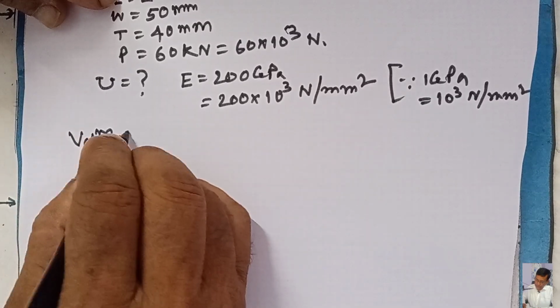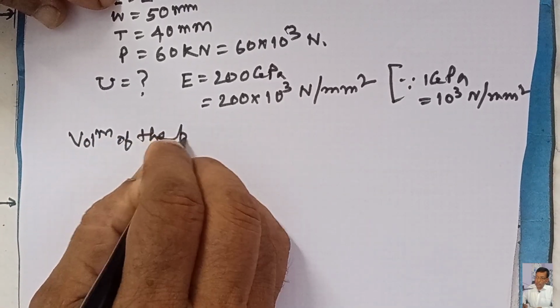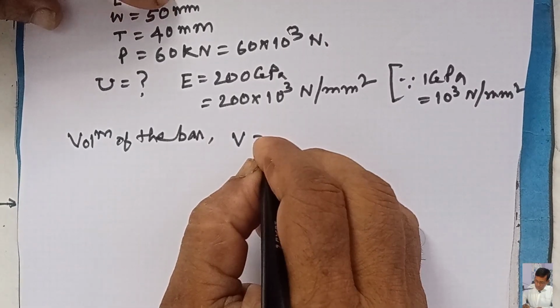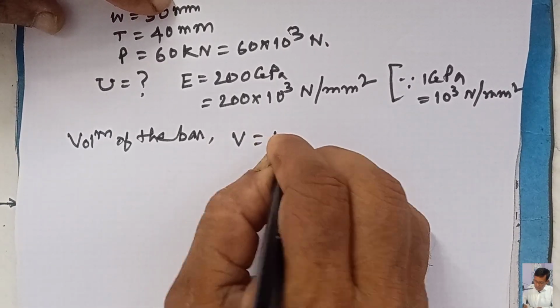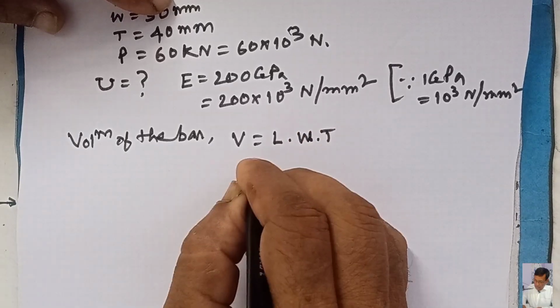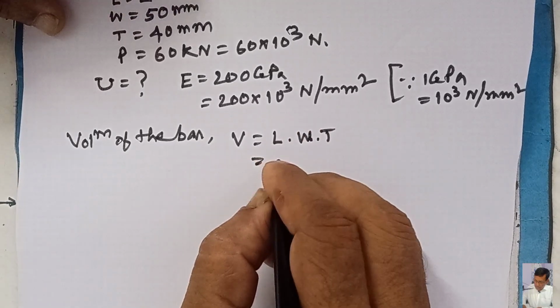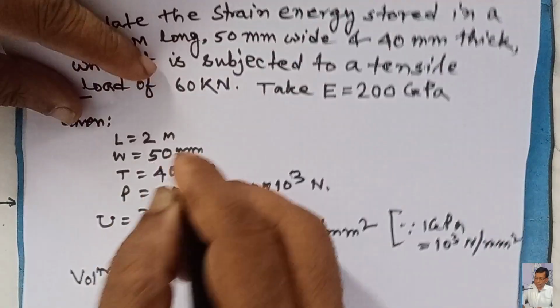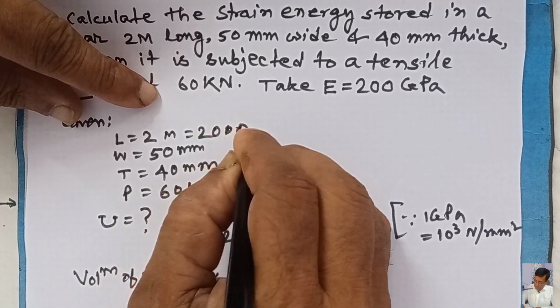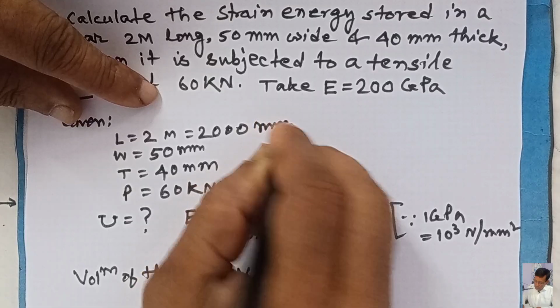Volume of the bar V is equal to length into width into thickness, is equal to 2 meter means 2000 millimeter.